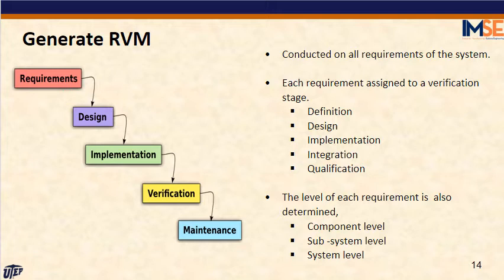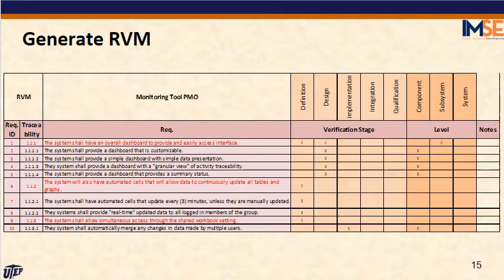It could be in the implementation or integration or design stage, and also it's important to describe here what kind of tools we need to perform that test. Also, the level of each requirement. It could be a component level, subsystem level, or system level.